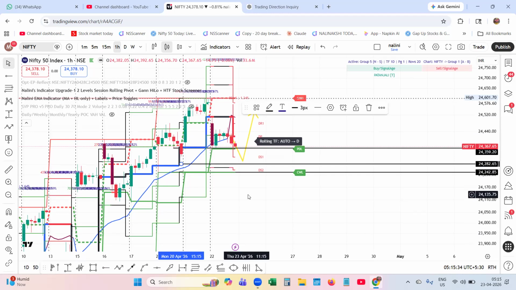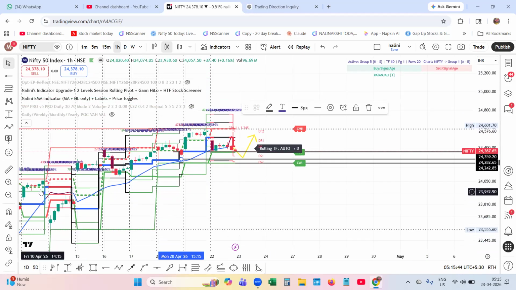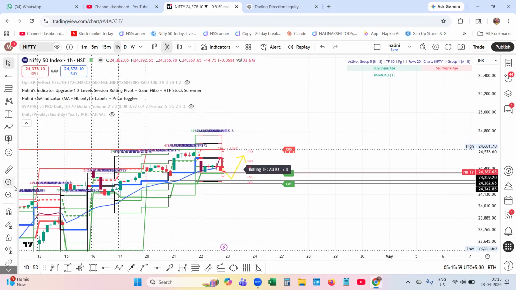We can anticipate 24,287 too. Still, even though the trend flipped for a while, here you can see the trend was running positive when the market came down, dipped for a while, and then next day it was a rally.